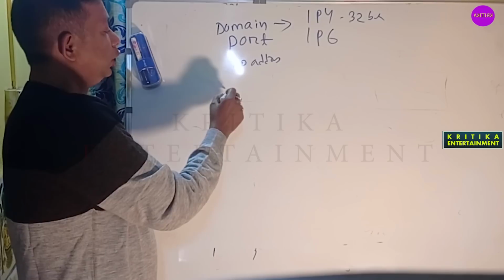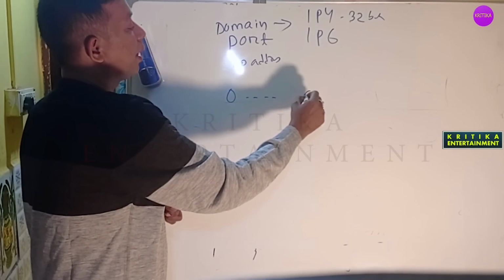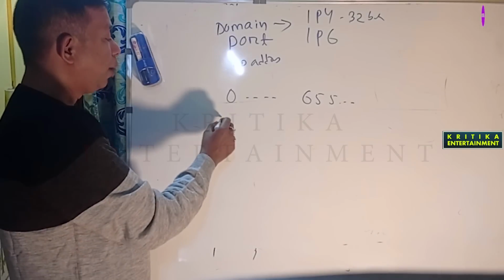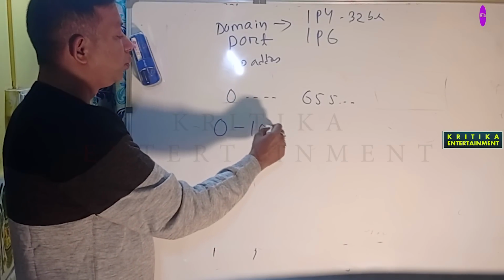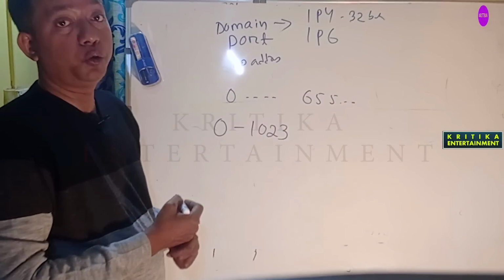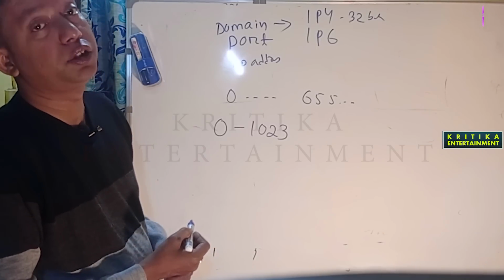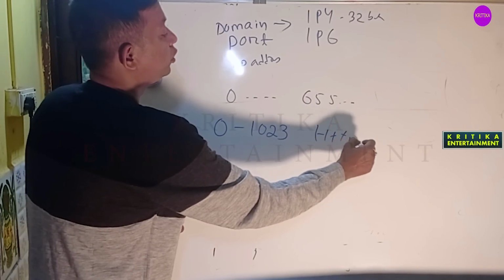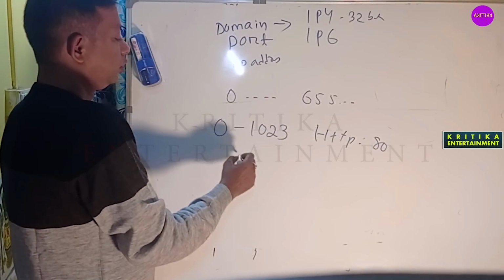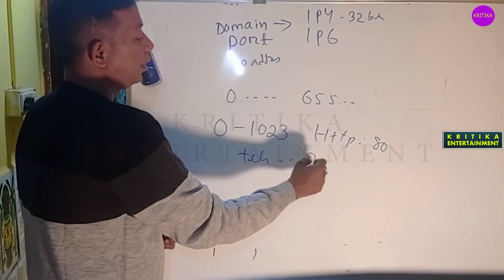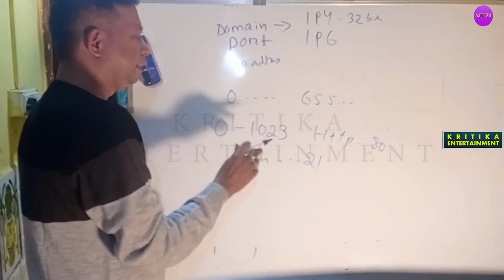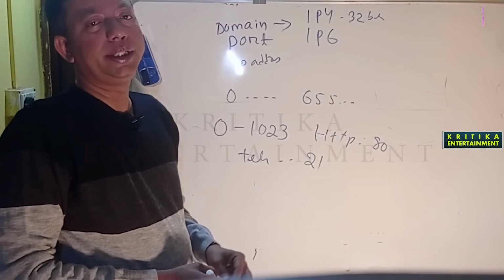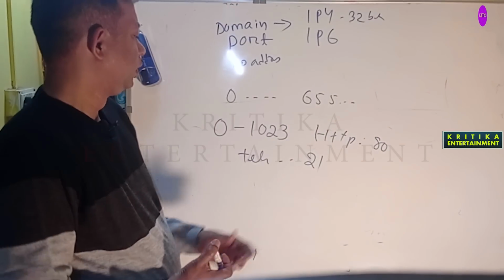Next, port. A port ranges from 0 to around 65,500. From 0 to 1023 are the predefined ports, which are already used by some programs. For example, HTTP uses 80, and telnet uses 21 or 23, I don't remember exactly.